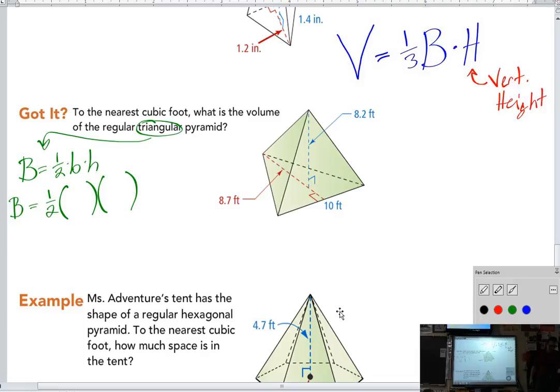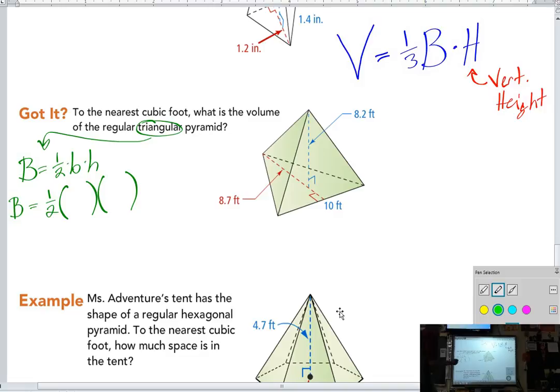Now, Michaela, do you remember how I determine my little b, little h? What kind of relationship I look for to find my little b, little h? You don't even have to know the relationship. If I ask you for the little b of the base, so the base of the triangle, you know?